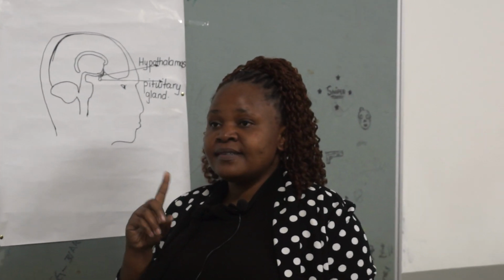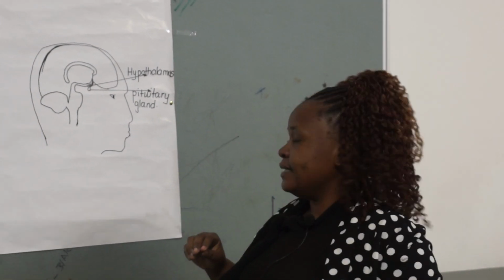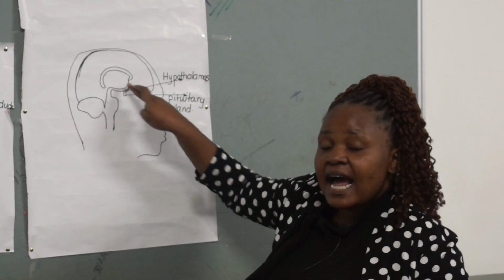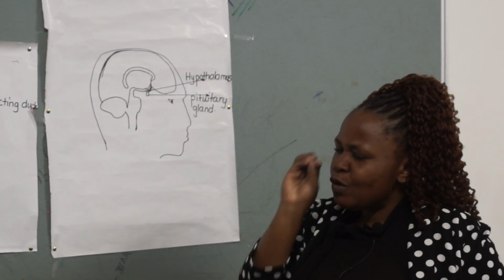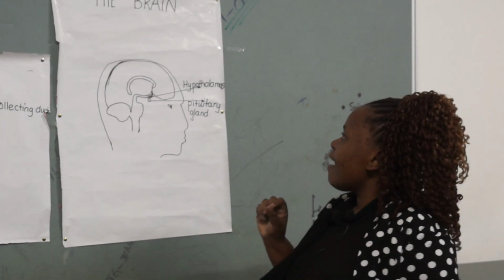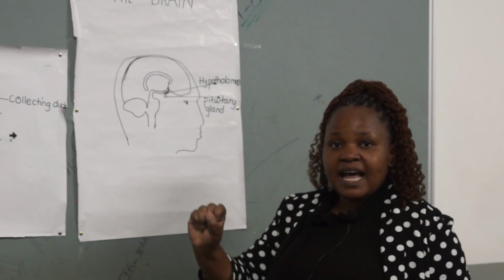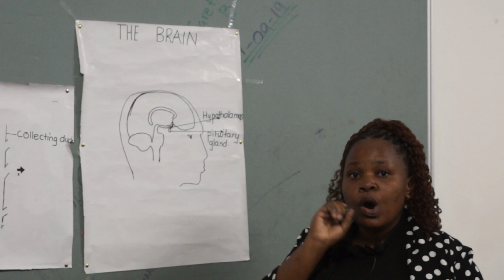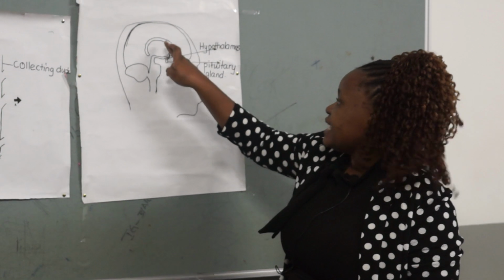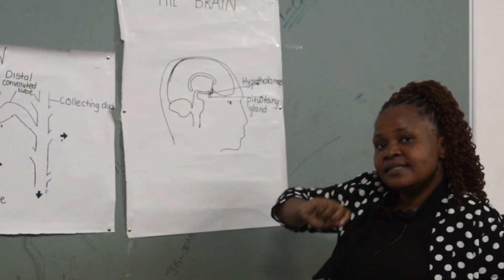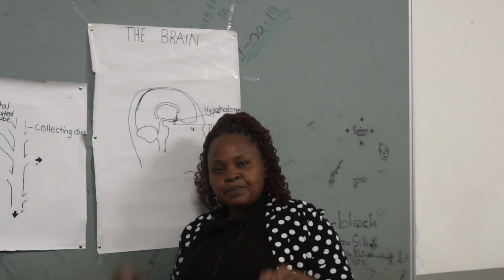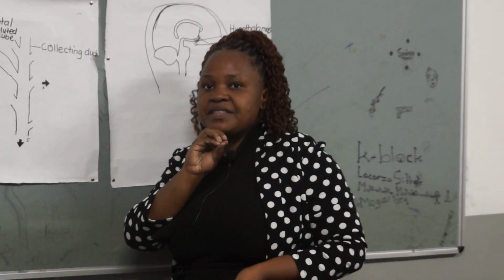What exactly in the hypothalamus detects that there is too much or too little water in the blood? Special receptors called osmoreceptors. The osmoreceptors in the hypothalamus will detect that there is too little water in the blood, right?